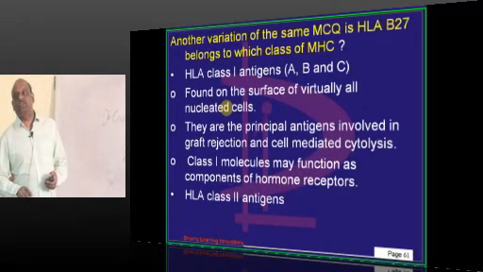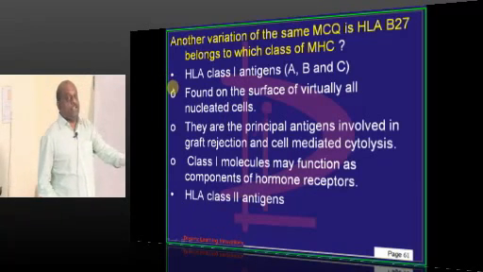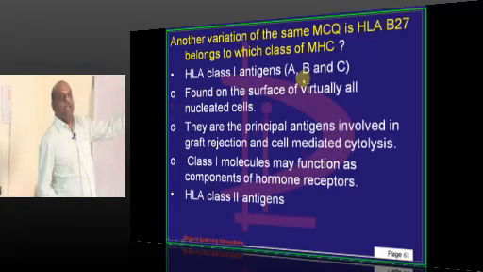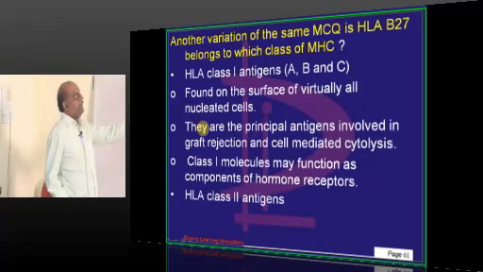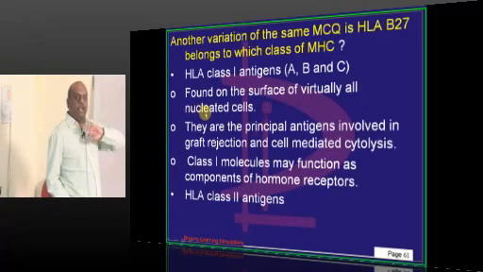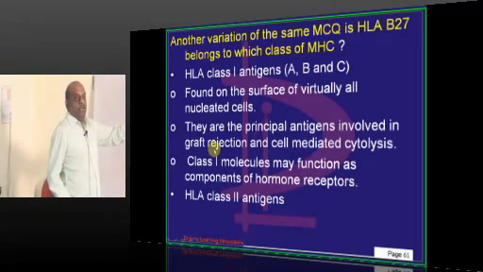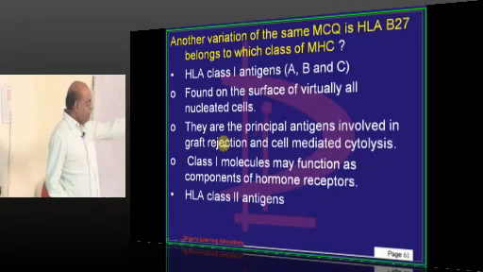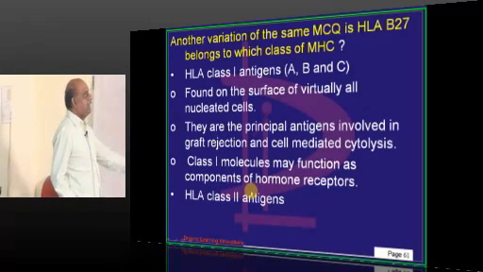Another variation of this question can be HLA B27 belongs to which class of MHC? Class 1 has A, B, C, right? Then class 1 is found on any nucleated cell. That is what you need to remember. Similarly, graft rejection happens, why do you do HLA ABC matching? Because it is class 1 which is involved in graft rejection.